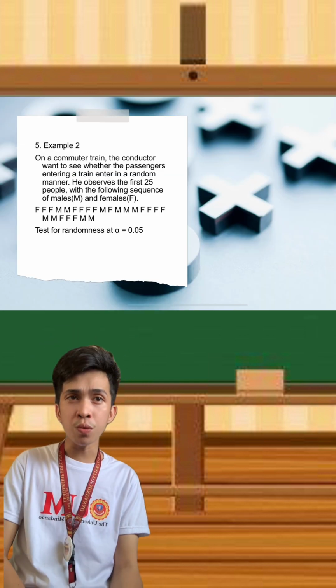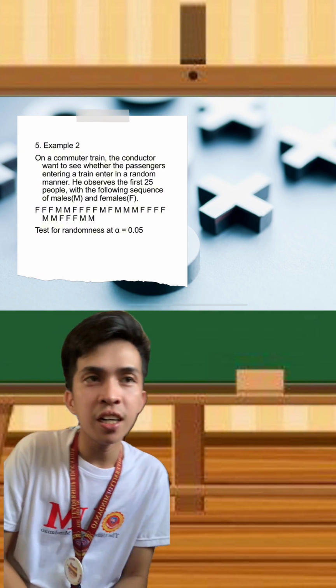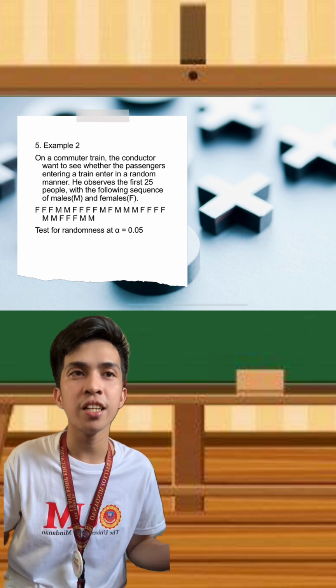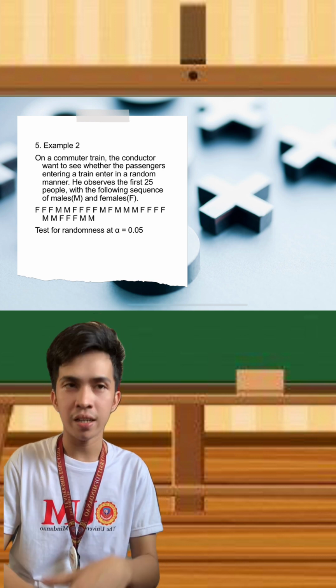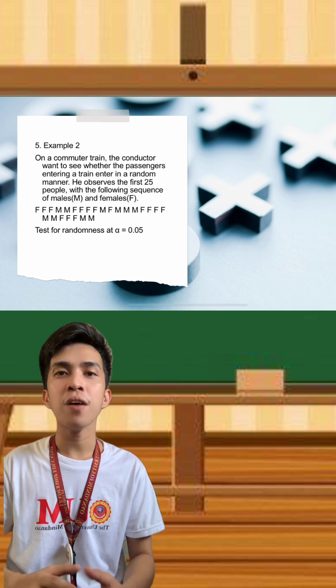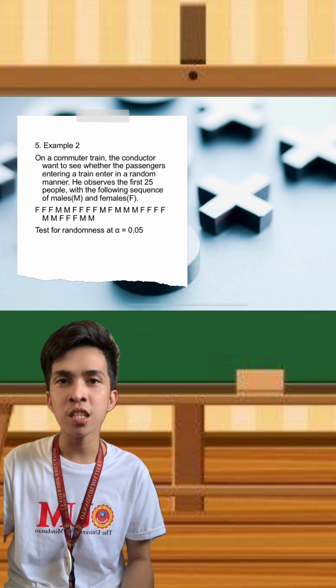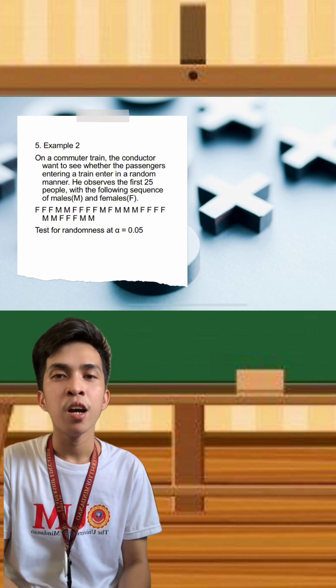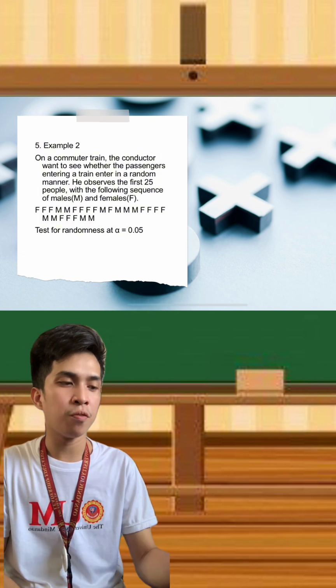For example 2, on a commuter train, the conductor wants to see whether the passengers enter the train in a random manner. So he observes the first 25 people with the following sequence of males, M, and females, F. Test for randomness with an alpha of 0.05.